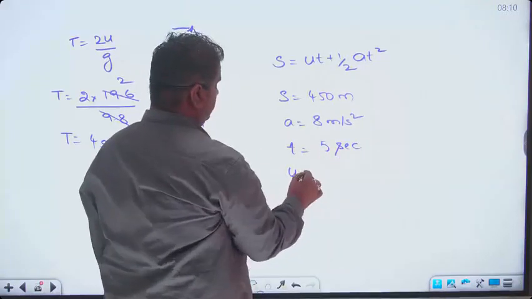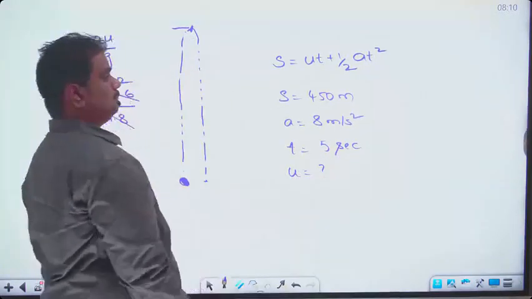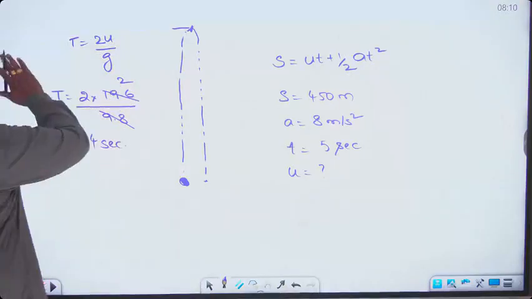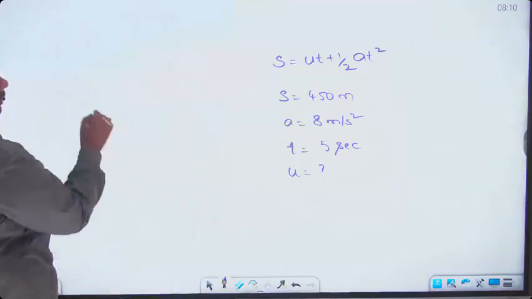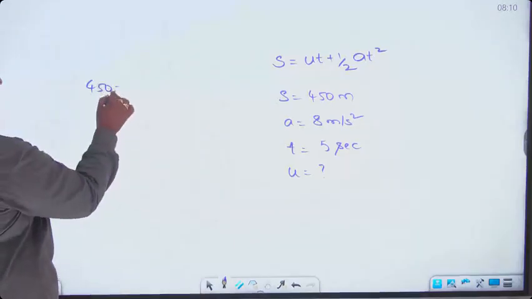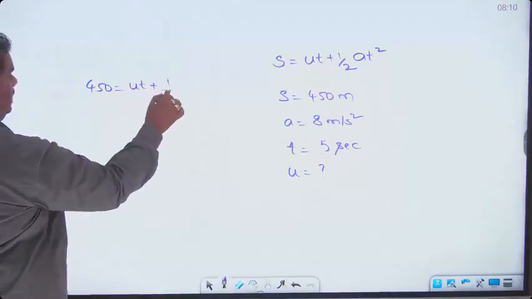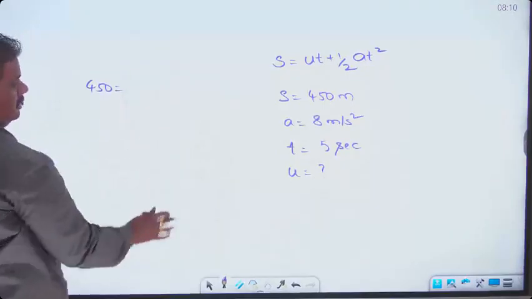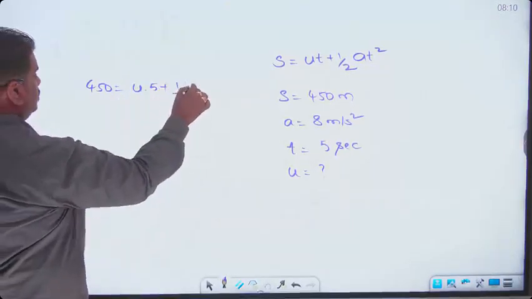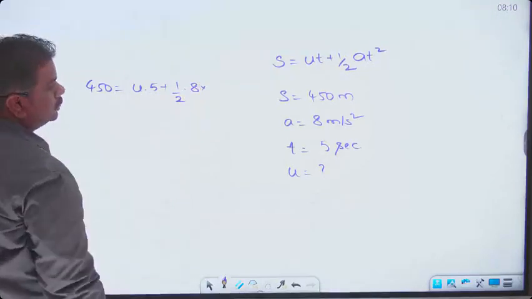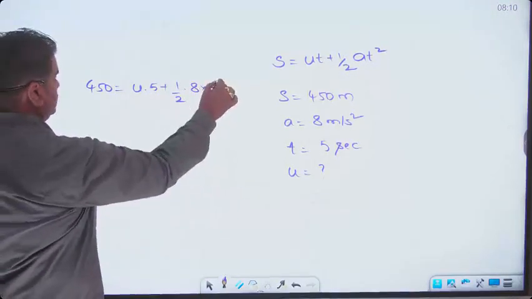So find the value of U. 450 equal to U into 5 plus 1 by 2 into 8 into 5 square.